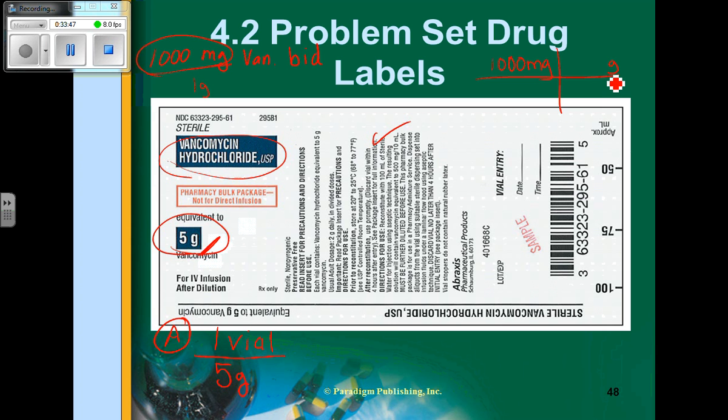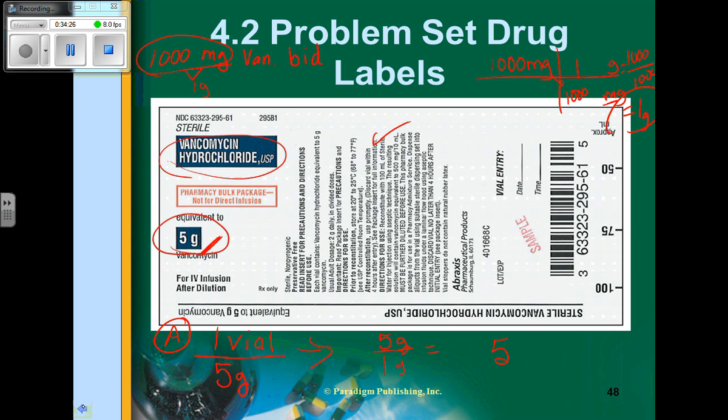Milli means 1,000, gram means 1. Then you have 1,000 divided by 1,000, which equals 1 gram. So if you know you have 5 grams in 1 vial, you take the 5 grams divided by the 1 gram to get the total number of doses, which would be 5. So that's A.